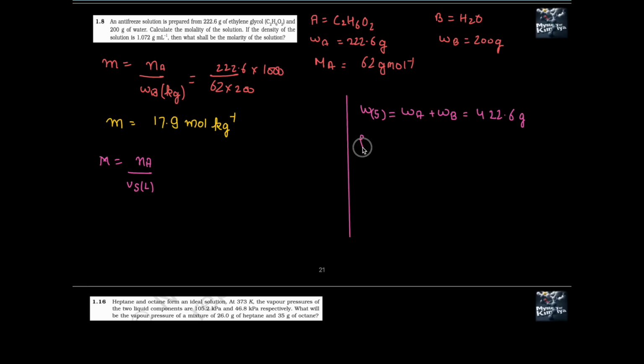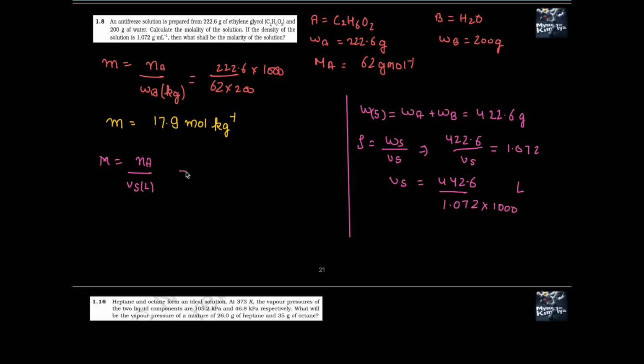As we know, the density of solution is equal to weight of solution divided by volume of solution, and weight of solution is 422.6 gram. Volume of solution we can find from here, and the density is 1.072. Volume of solution would be 422.6 divided by 1.072. This volume is in milliliters, so we need to divide it by 1000 to get it in liter.